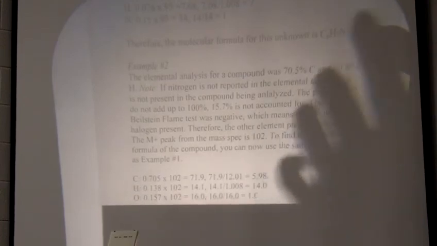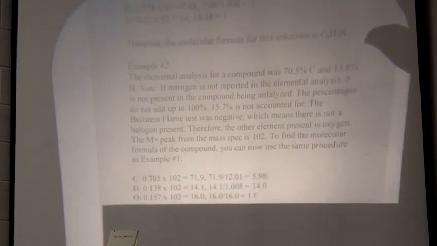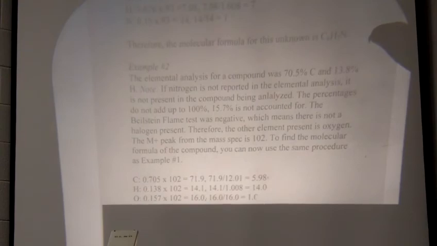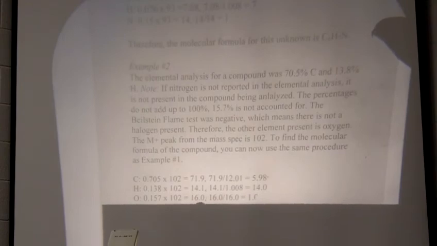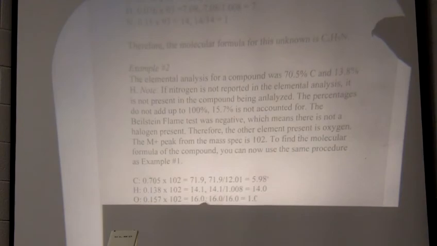And then we ruled out the nitrogen and we ruled out the halide, so the only other possibility is oxygen, which was 15.7%. So it's 0.157 times 102, that's 16, and one oxygen is equal to 16 as far as molar mass.